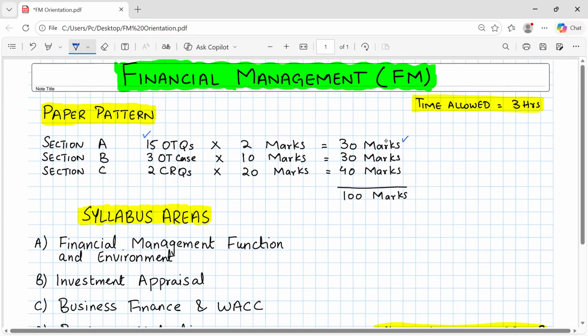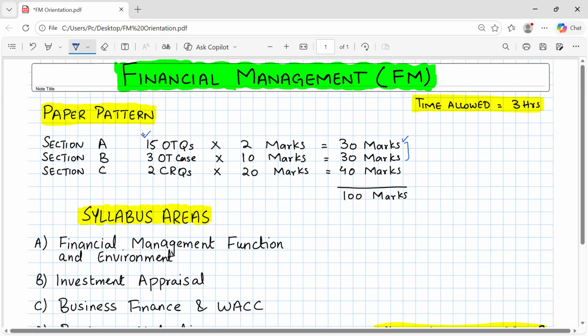Now, this section A and section B, they are marked by the software, which means that they are automatically checked. Like, for example, in the ACCA foundation level exams or knowledge level exam or even the law exam, when you finish the paper, you get the marks just after you end the exam, because those questions are marked automatically by software.